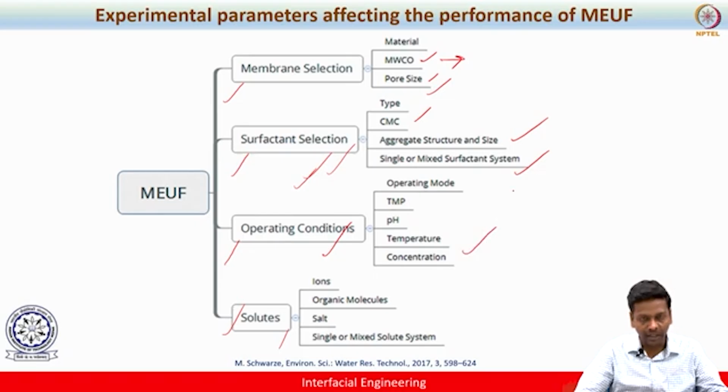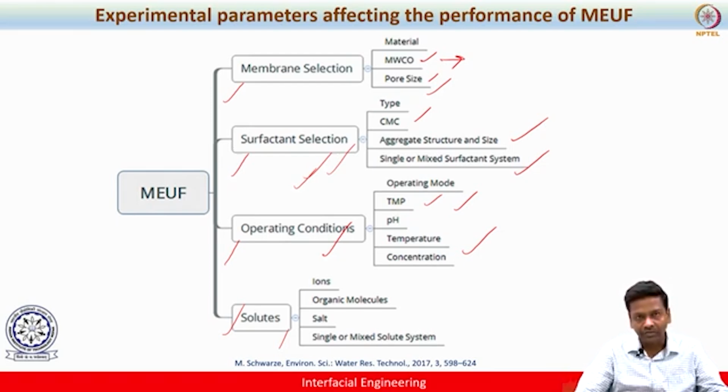Next comes the operating conditions. What is the TMP, the transmembrane pressure? It is going to be the driving force of the membrane, so one has to choose the TMP accordingly. Then pH. Sometimes pH is very crucial, because when you want to remove ionic impurities, we might employ an ionic surfactant.